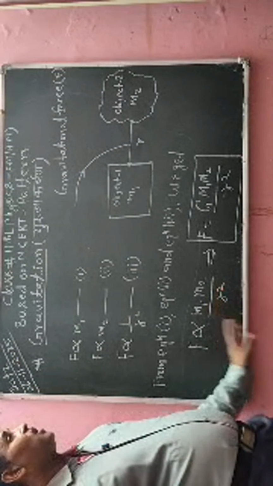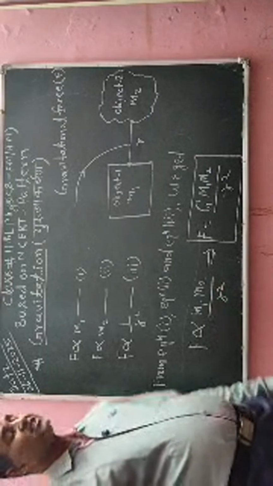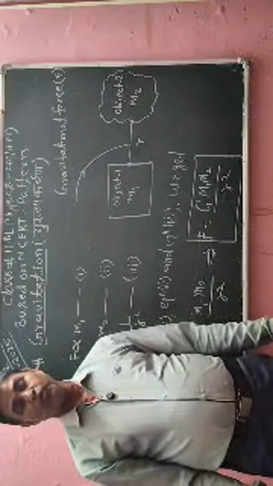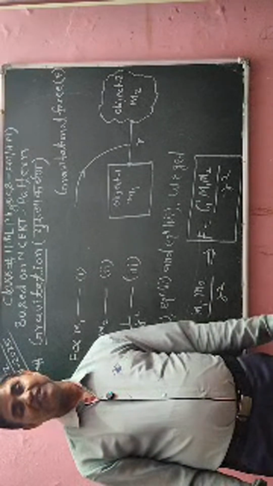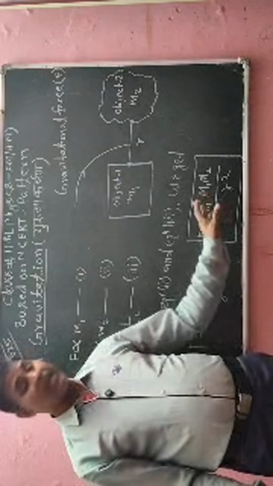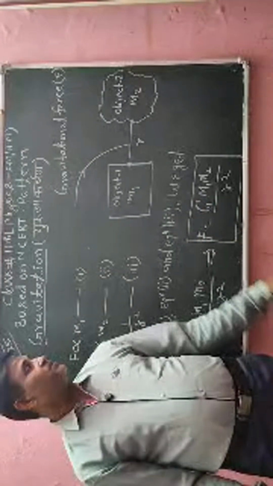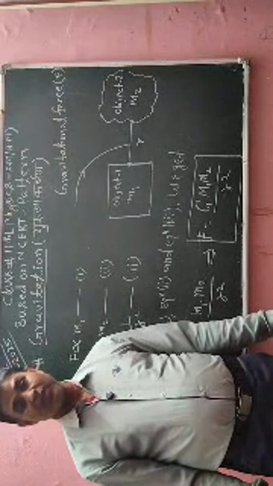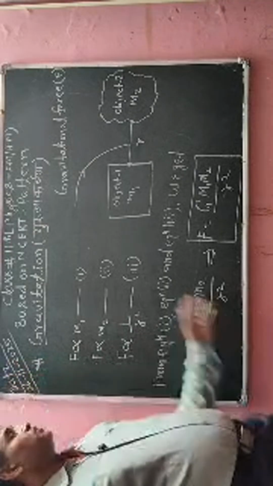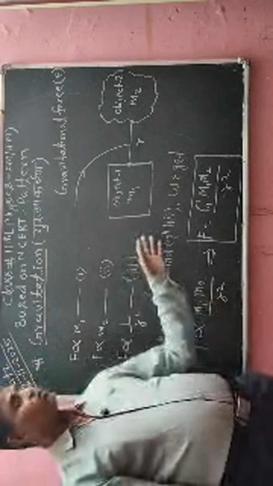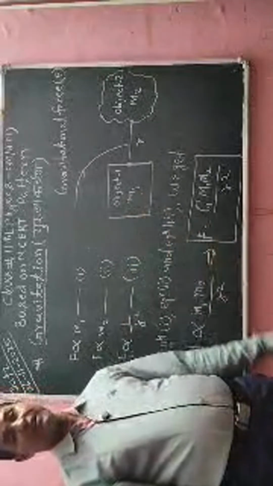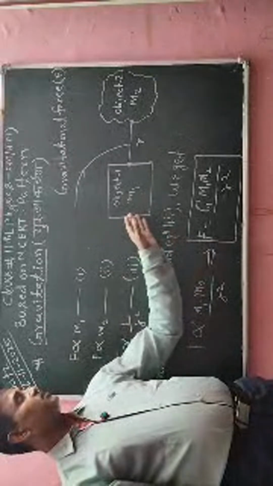After it I will also translate all this information into Hindi, so students who are reading in Hindi medium or in UP board can understand the concept in detail. Here I have taken two objects and both objects have different masses, M1 and M2. Both objects can be the same or different, according to the requirement of the question.